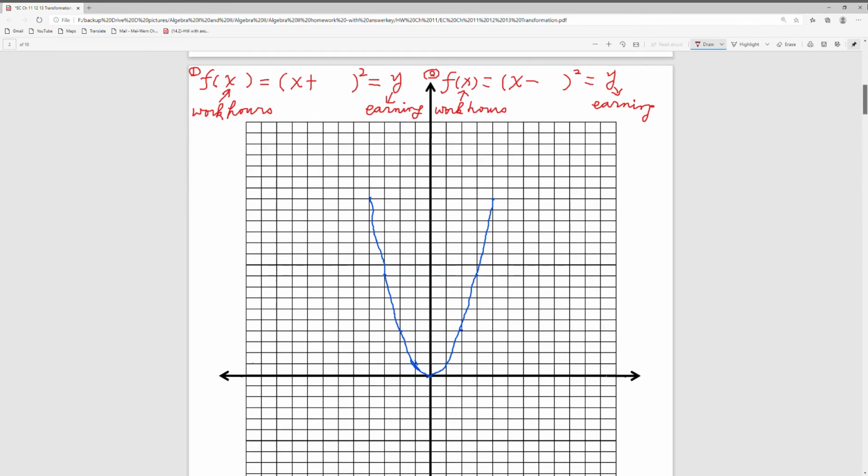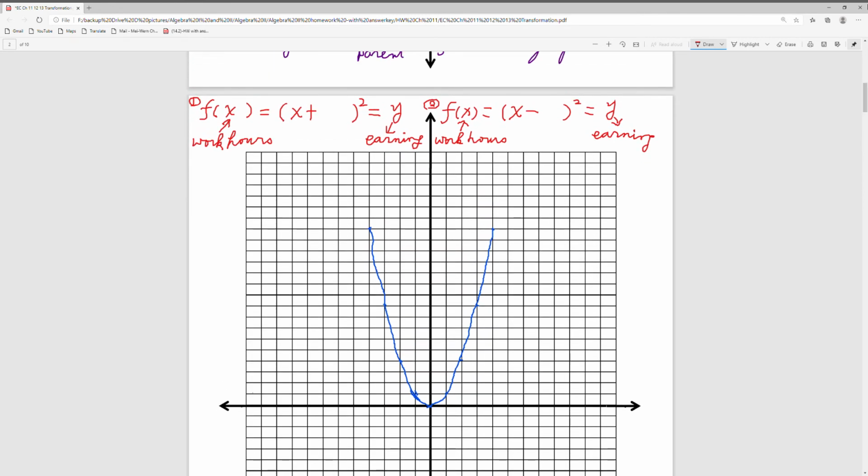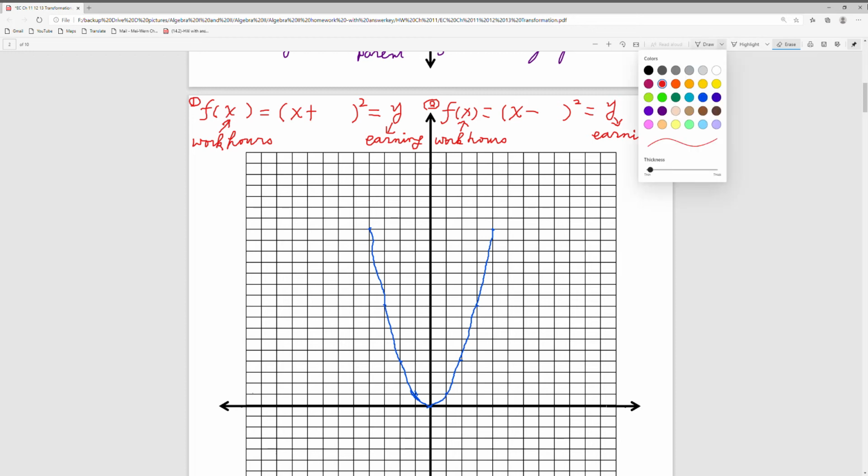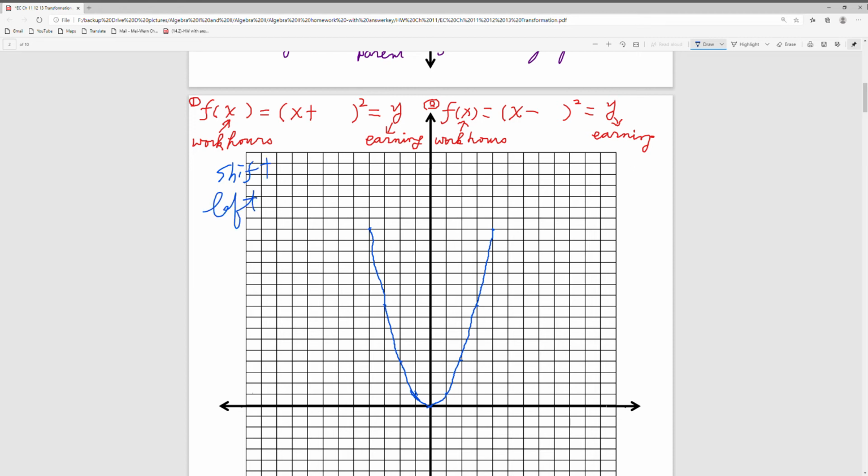After you memorize this basic graph, we can make our graph more complicated. We say shifting. We may shift our graph left or right. Shifting left or right is when you have x plus 1 or x minus 1.